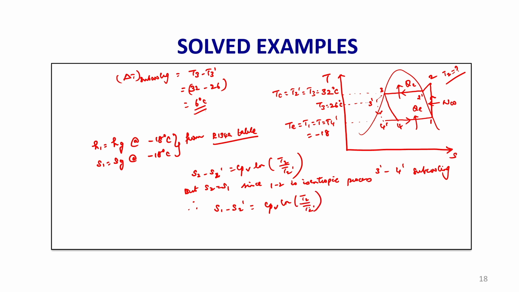Again, let me emphasize here, S2 dash entropy is equal to vapor entropy, because this is also lying on the saturated vapor curve.